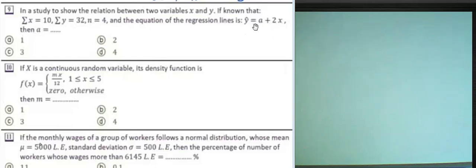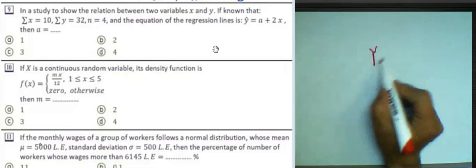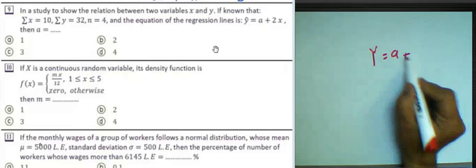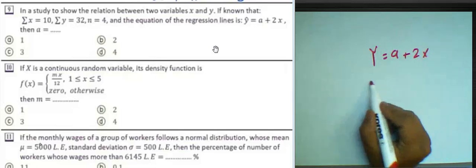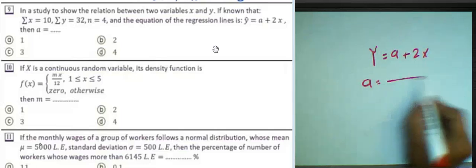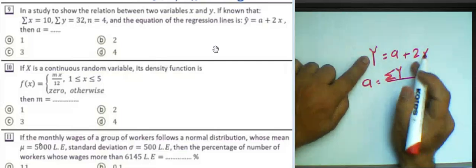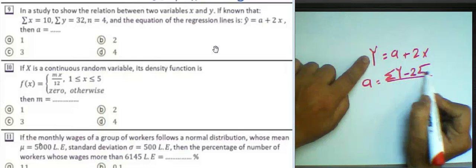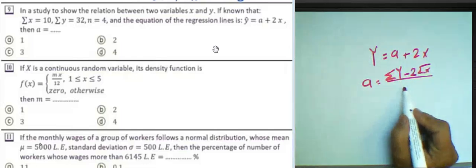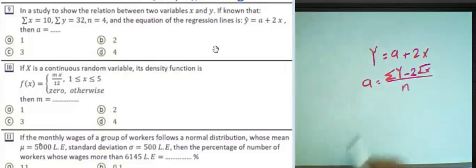We know y equal a plus 2x. Then a, we can find it by summation of y subtract 2 times summation of x, over the number n.